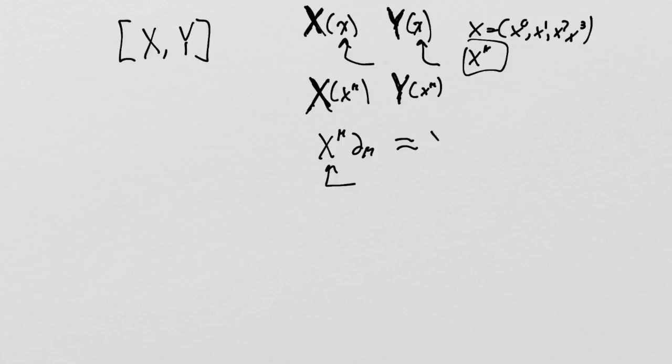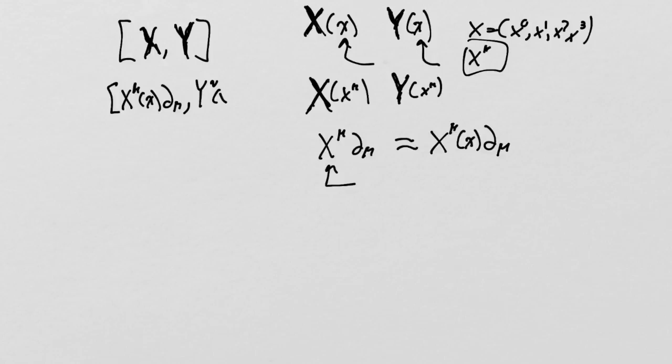So this is sort of equivalent to x mu of little x partial mu, like that. And so that would be the coordinate version of this. And this guy up here, which we could bold out in this form, would equivalently be x mu of x partial mu y nu of x partial nu.